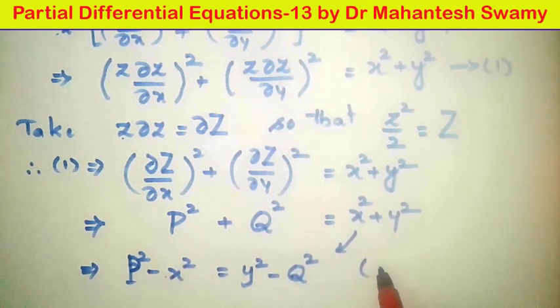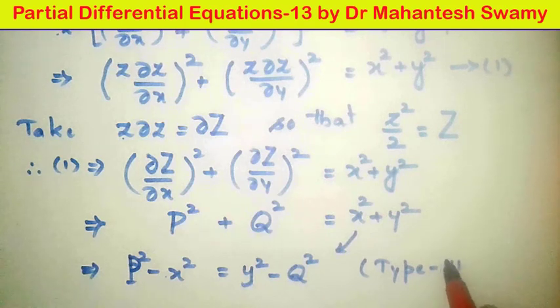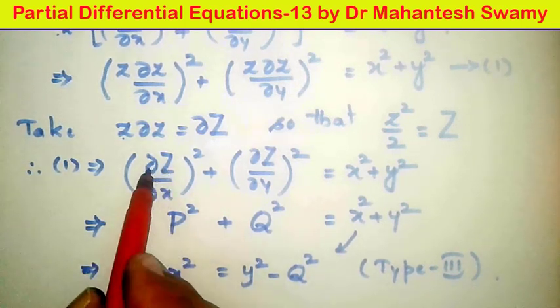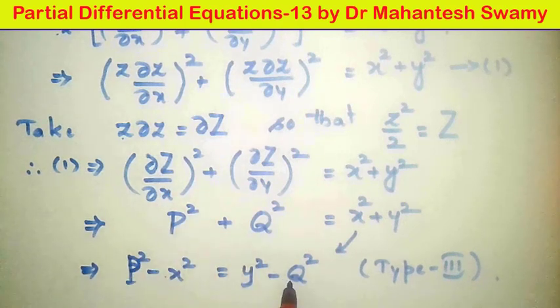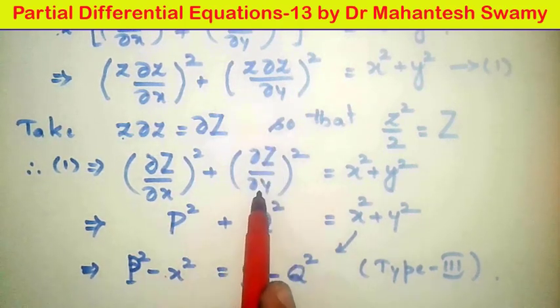So this is now in the form of partial differential equations of type 3. Because only x, y, capital P, capital Q terms are there, capital P stands for ∂Z/∂x, capital Q stands for ∂Z/∂y.